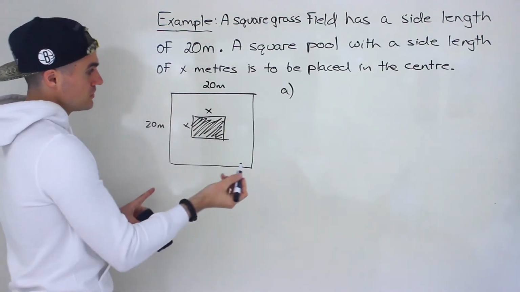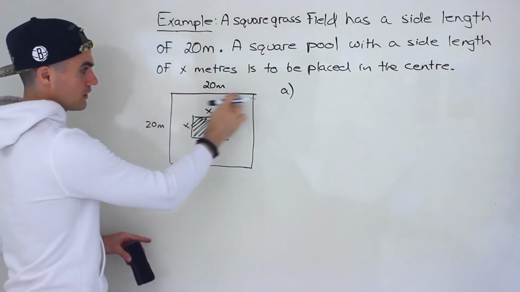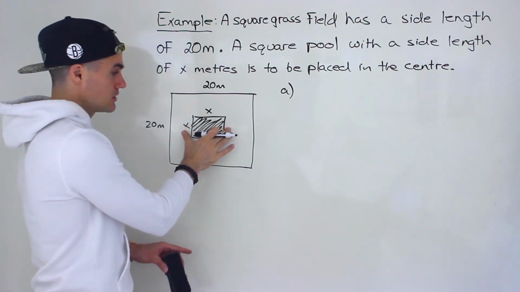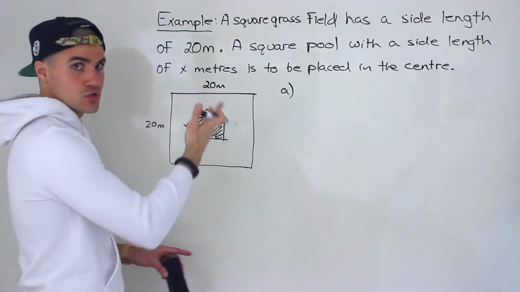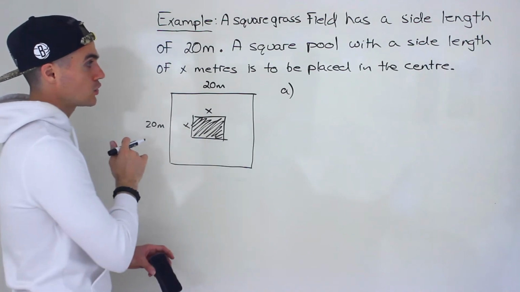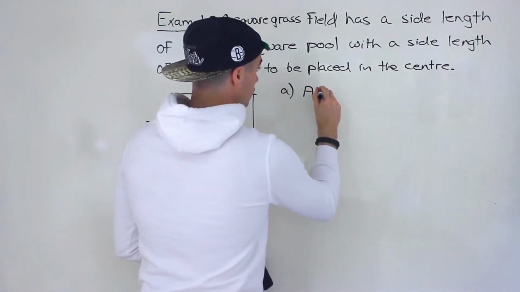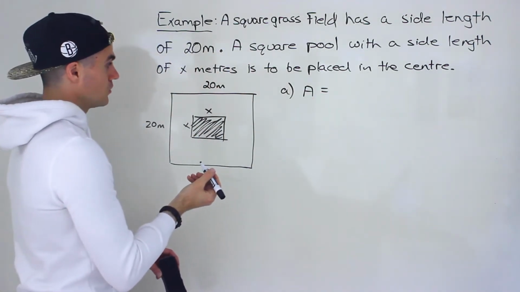Well, an intuitive way to go about it is we can get the total area of this square, and then subtract the area of the smaller square. And that's going to give us that remaining area, which is what they're asking for in part A, the area of the remaining grass. And so the area of the remaining grass, let's call it capital A, that would be the variable we're going to use.